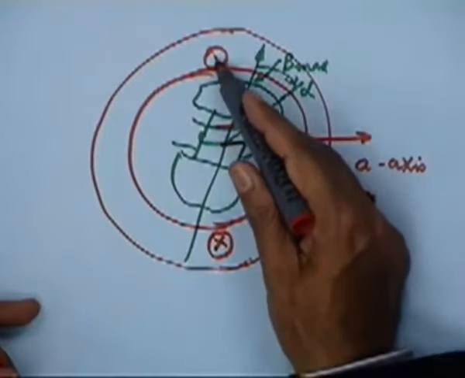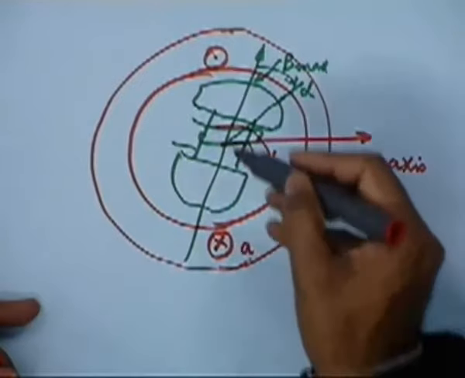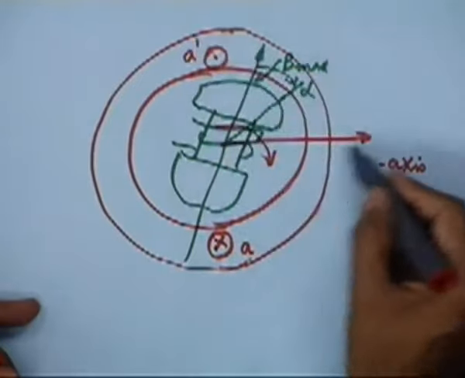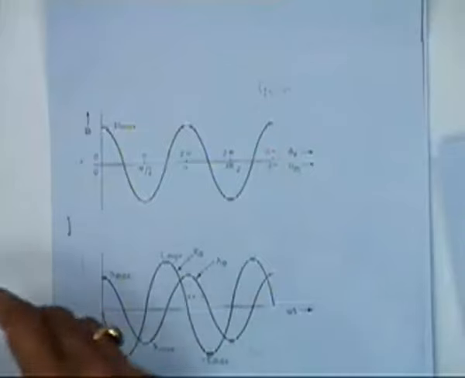We are initially taking one coil with sides, let us say AA dash. This is the A coil, and what will be the voltage induced in this coil? With this picture in view, we go back to this function of B variation.